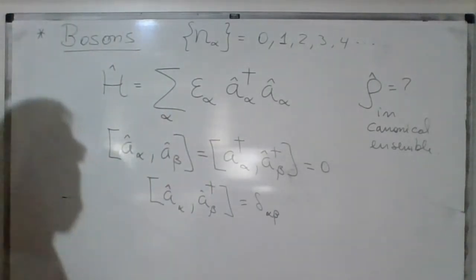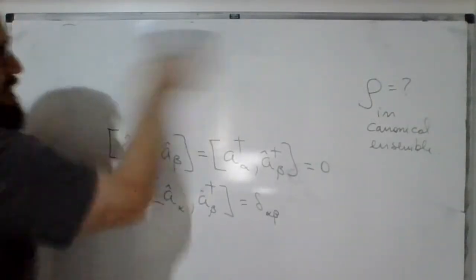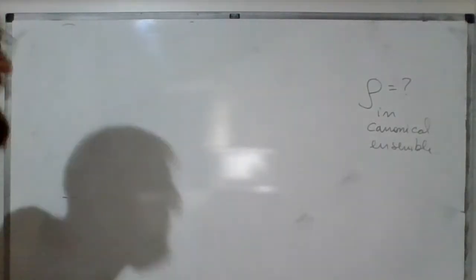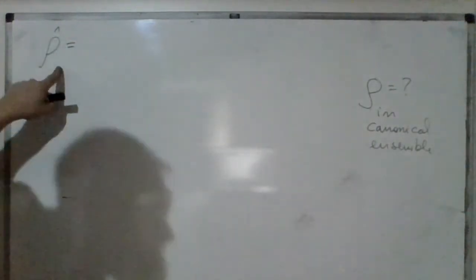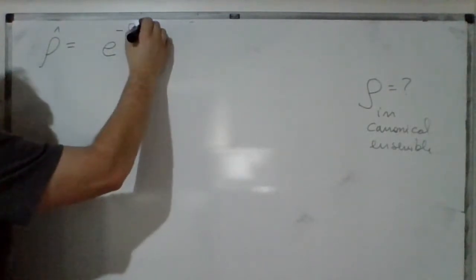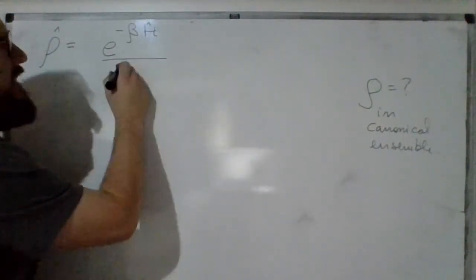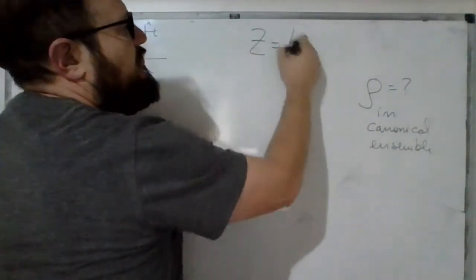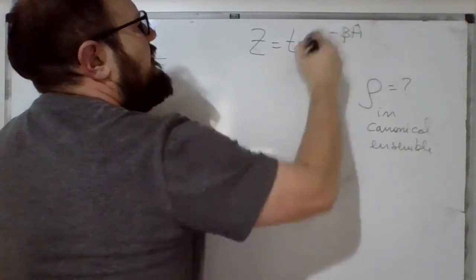Well, first of all, for the whole system, for bosons, it is not too difficult to write the total density matrix as the exponential of minus beta times the full Hamiltonian of the system divided by the partition function, which is just the trace of e to the minus beta times the Hamiltonian.